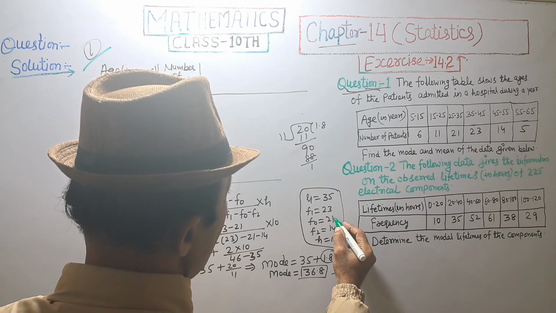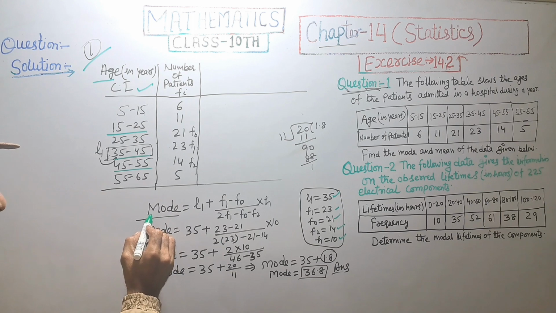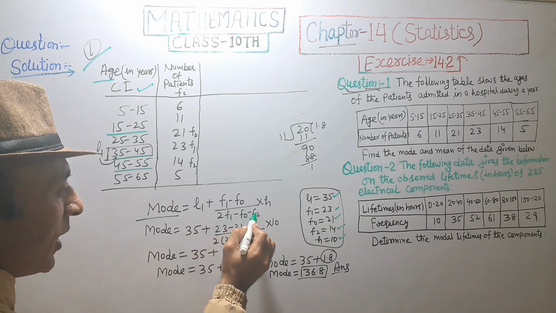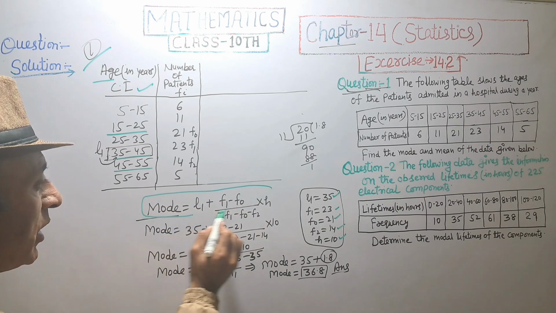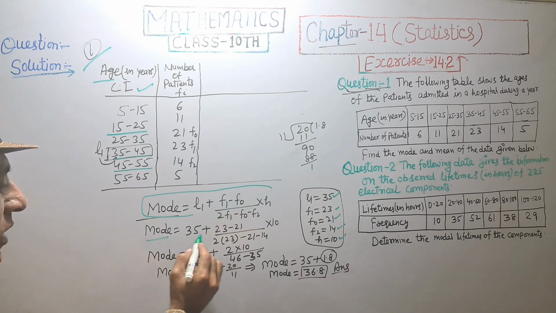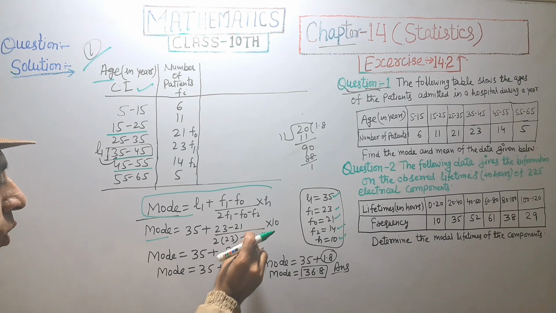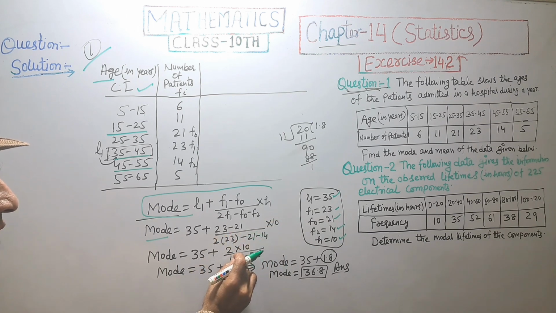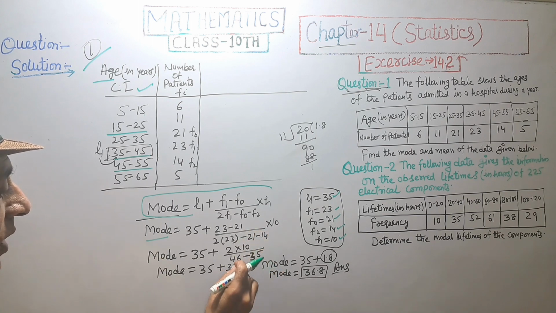We are applying the formula mode equals L1 plus F1 minus F0 upon 2F1 minus F0 minus F2 into H. Putting all these values in this formula, we get 35 plus 23 minus 21, that is 2, multiplied by 10. 2 into 23 is 46, minus 21 minus 14, that is minus 35. 46 minus 35 is 11.